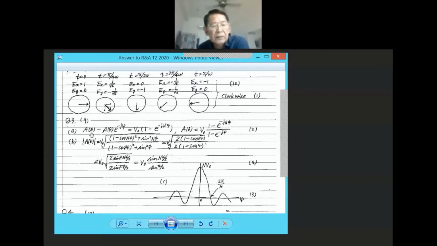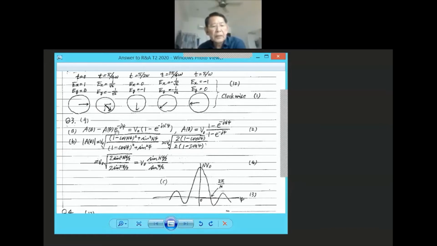And when the original series and the multiplied series are subtracted, only the first term and the final term survive. So from this relation, the series solution can be calculated by this equation.